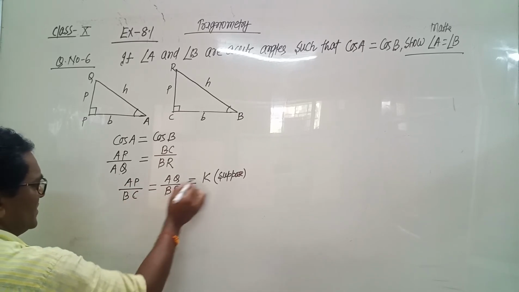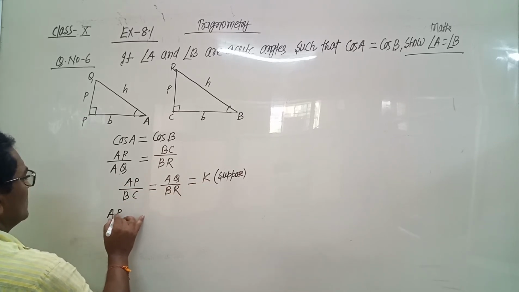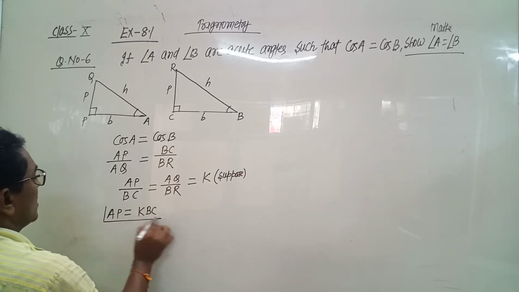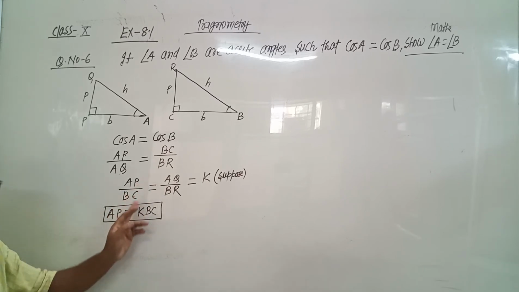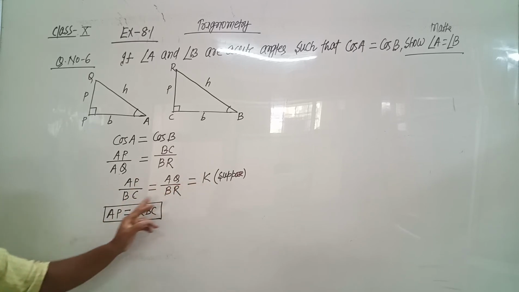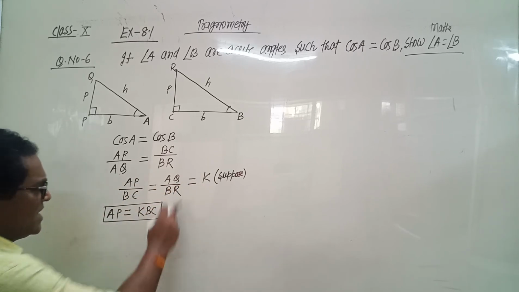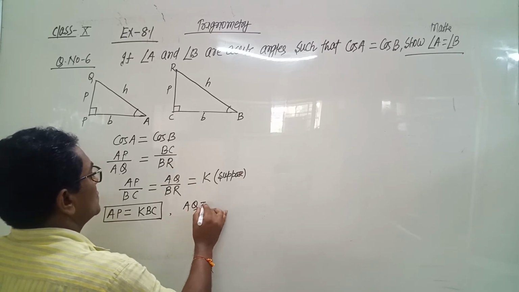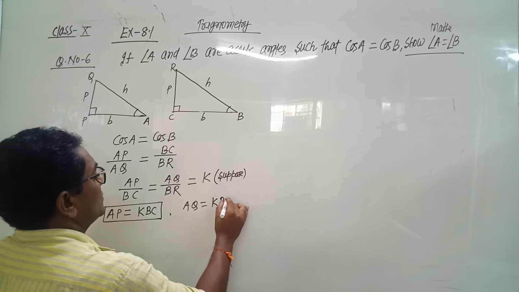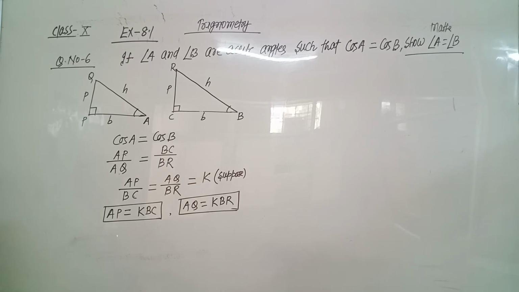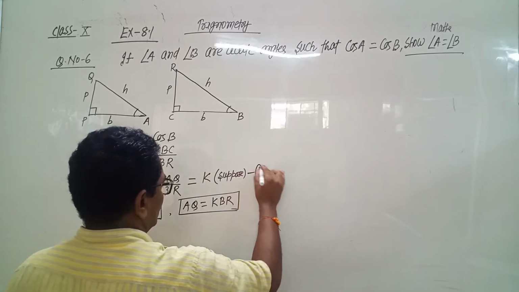So AP upon BC equals AQ upon BR, and suppose we name this ratio K. We calculate the values of AP and AQ. AP upon BC equals K, then by cross multiplication AP becomes K into BC. Similarly, AQ upon BR equals K, so AQ equals K into BR. Name this equation 1.